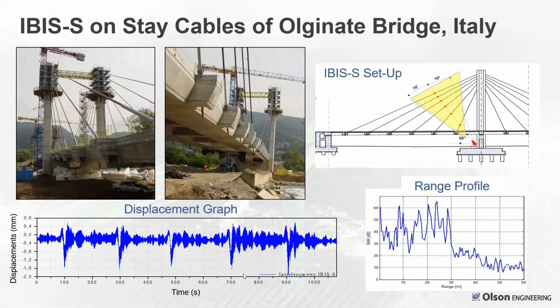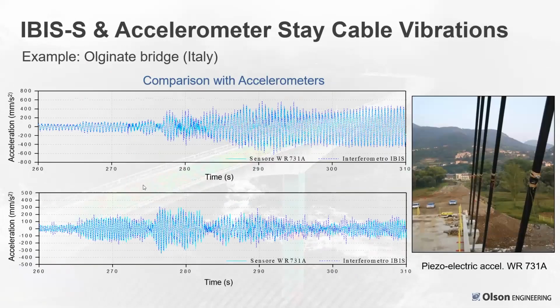So this is over about a 15 to 20 minute time period with displacement in millimeters. And you can see they're getting peak to peak displacements of about 2 millimeters during these events, which may be wind gust or some type of loading on the bridge. Again, this bridge cable vibration study was compared to accelerometers.